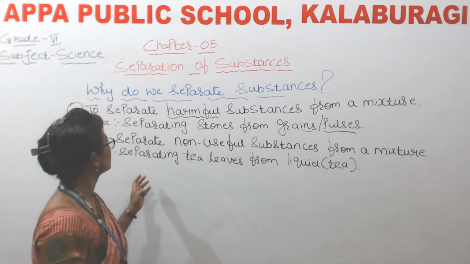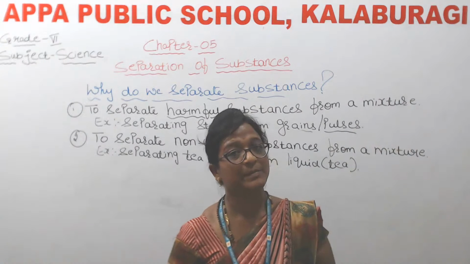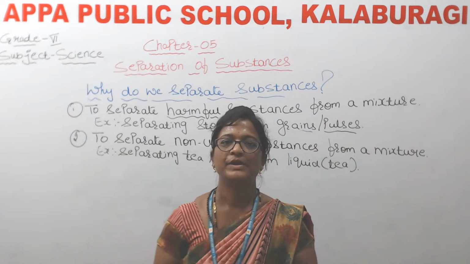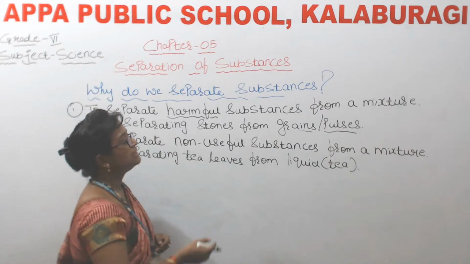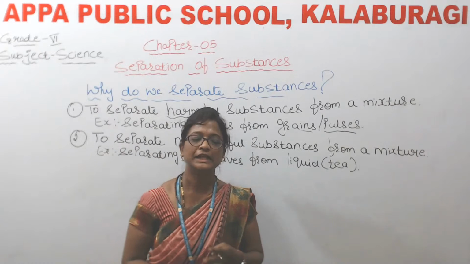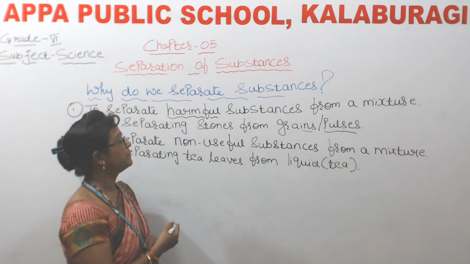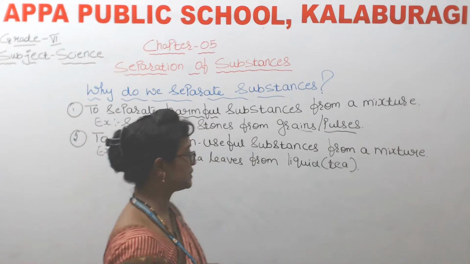Okay, so here the second purpose of separating the substances is to separate non-useful substances from a mixture. And the example for that is, we are separating here tea leaves from liquid, that is tea. So here what we are separating? We are separating tea leaves from tea. Okay. And next one.